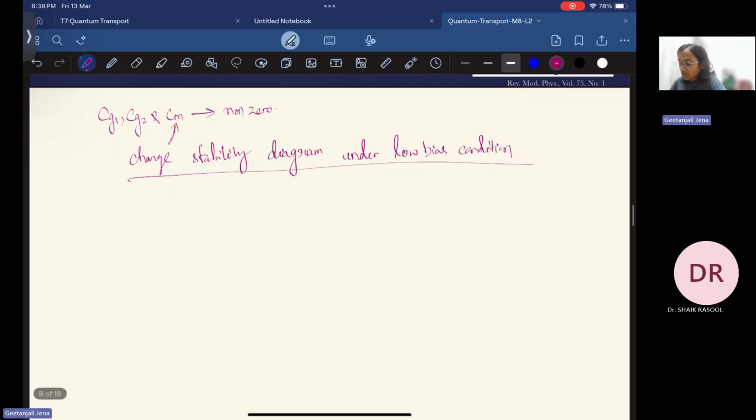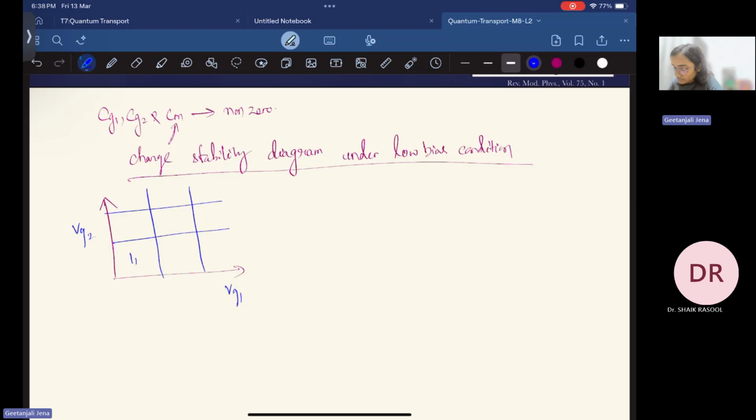So in the first case, we have seen either the square lattice or the rectangular lattice. For this case, we have seen vertical lines when we change Vg1 and Vg2, and the charge transport is occurring at this charge triple point. So we can start either this way or from 2 to this.